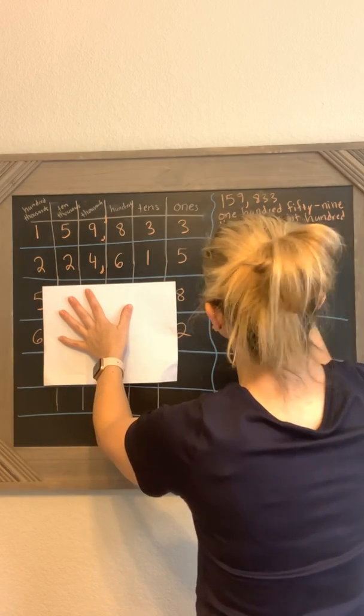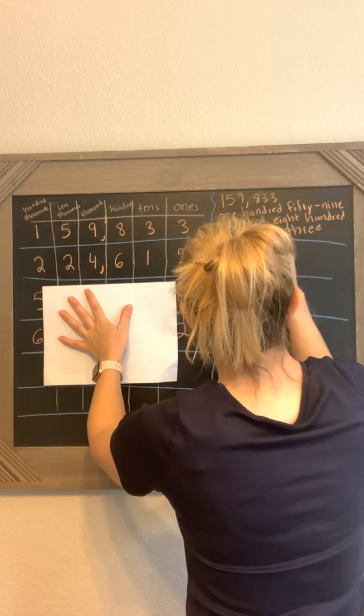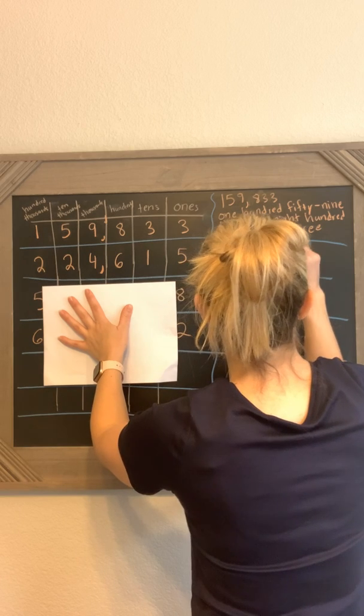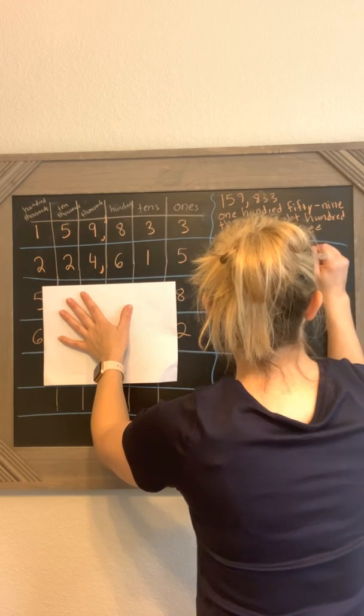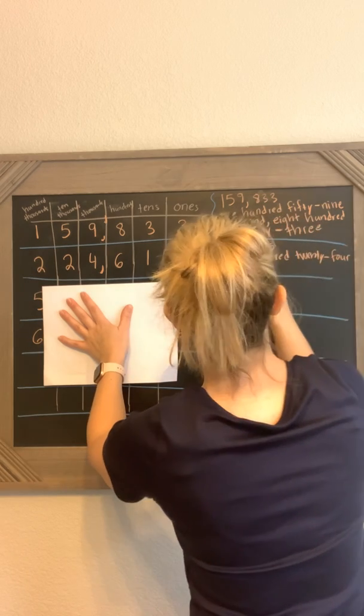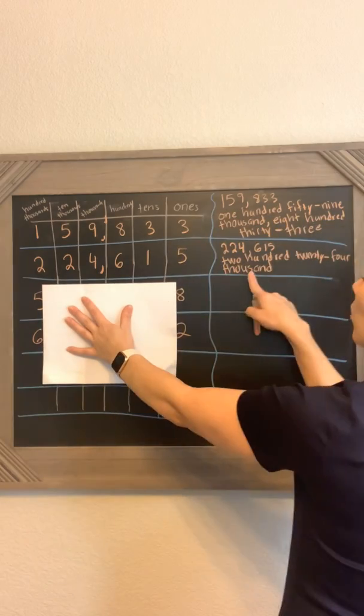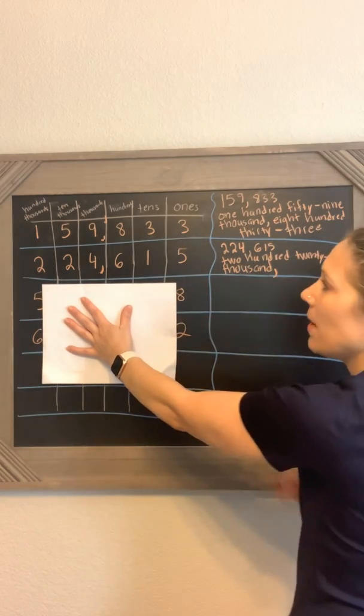I'm going to write my standard form first. 224,000. And then after that word thousand, put your comma.